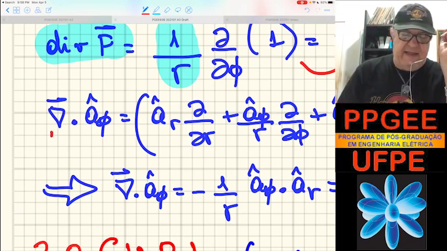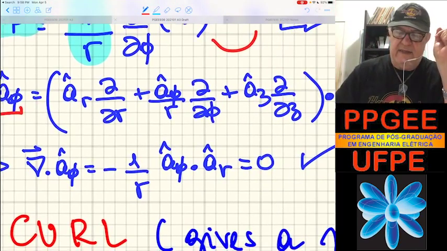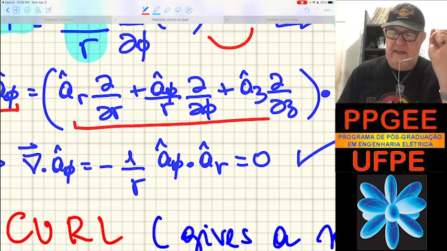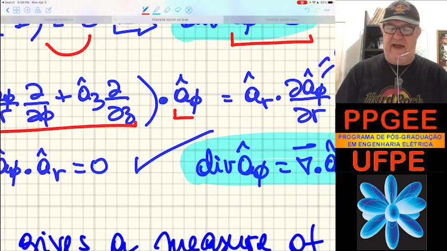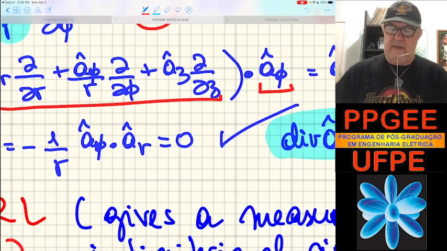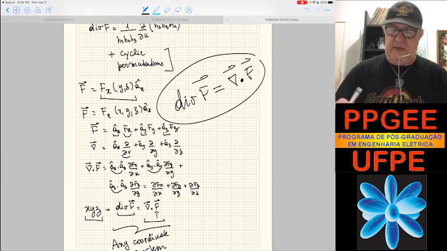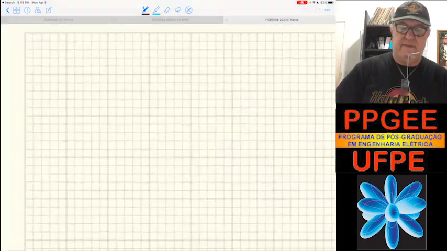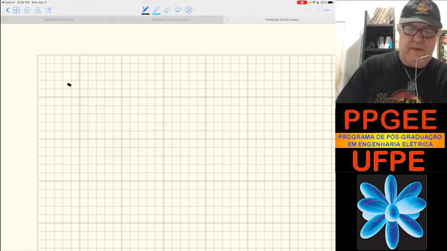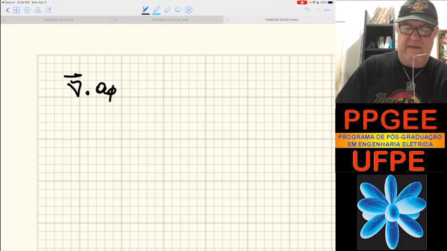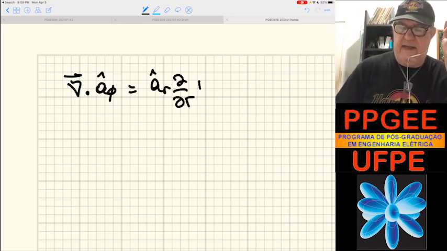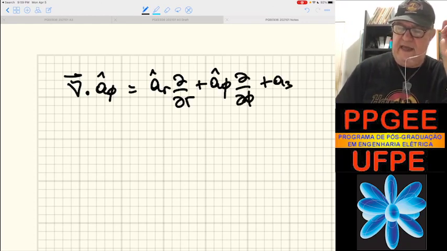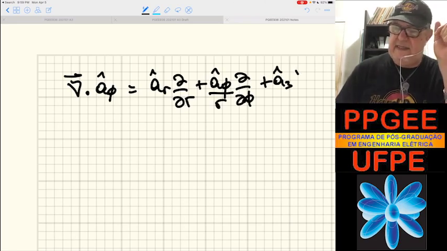So we have nabla dot a phi, using the expression for nabla in cylindrical coordinates: nabla equals a r d/dr plus a phi over r d/d phi plus a z d/dz.